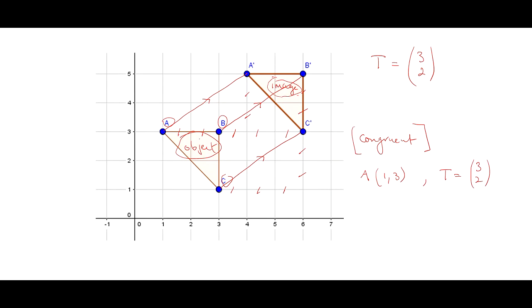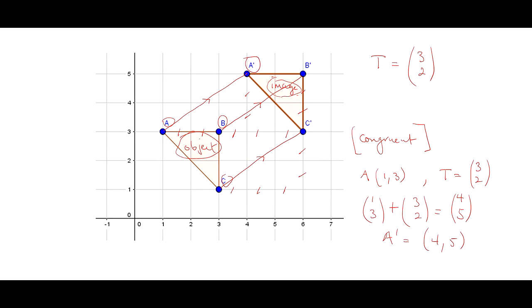In order to do that, we write A as a column vector, which is 1, 3, and we add it to the translation, which is 3, 2, and we get 4, 5.